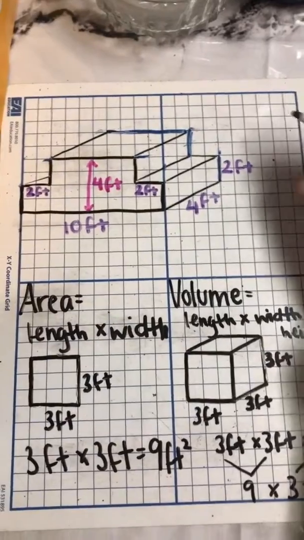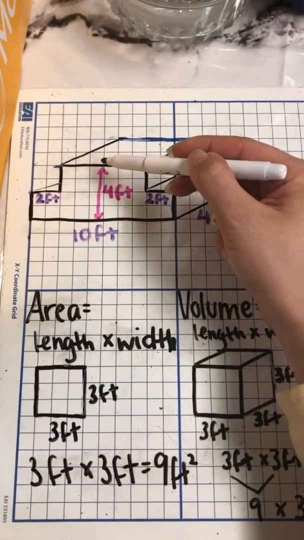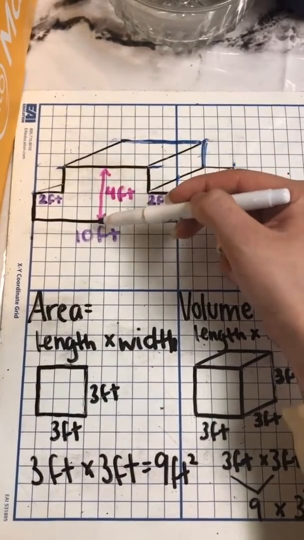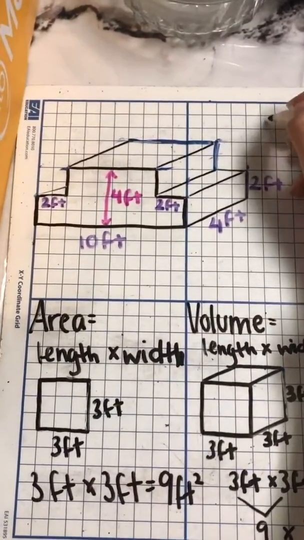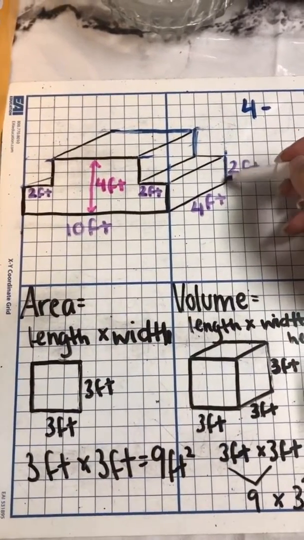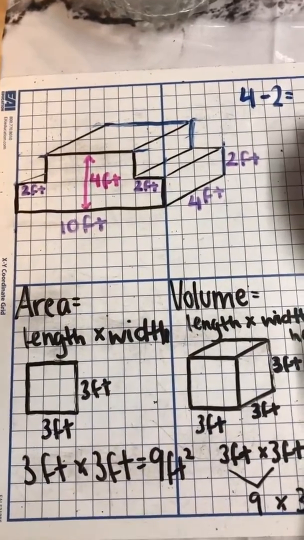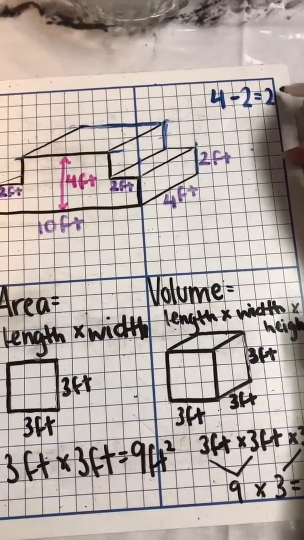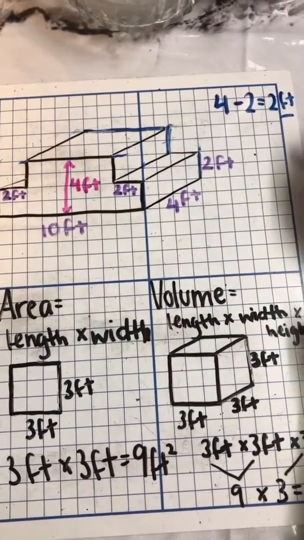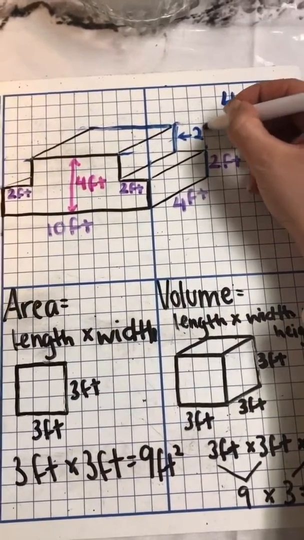Yeah, we can subtract. I can take the 4 feet, the height from the very top to the very bottom, and subtract the height of the bottom half of the figure. 4 minus 2 equals 2. And don't forget your label. So this right here is also 2 feet.